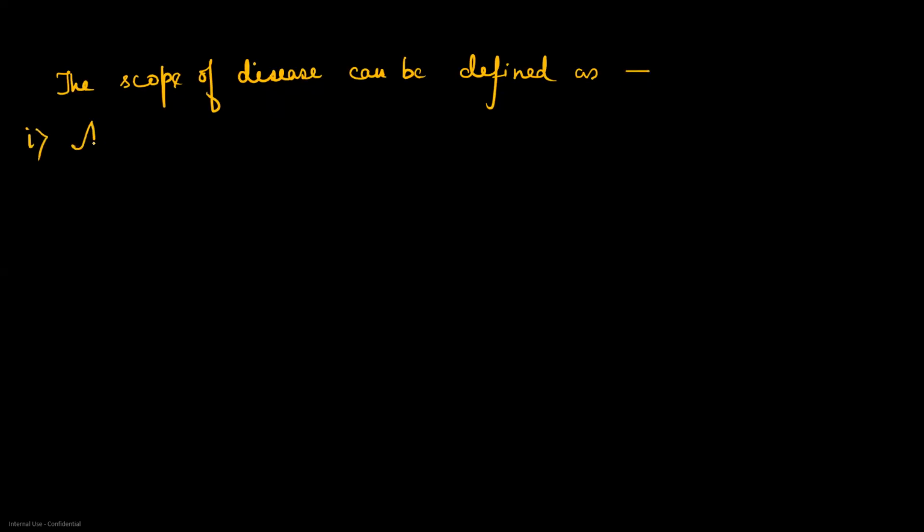See, a disease can be acute, then it can be chronic, and it can be subacute.